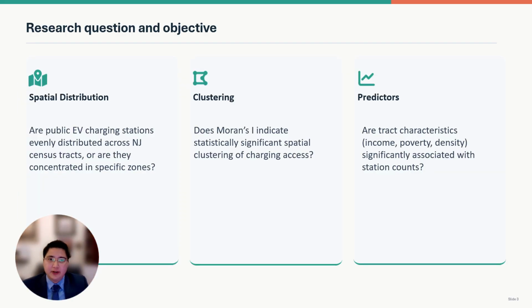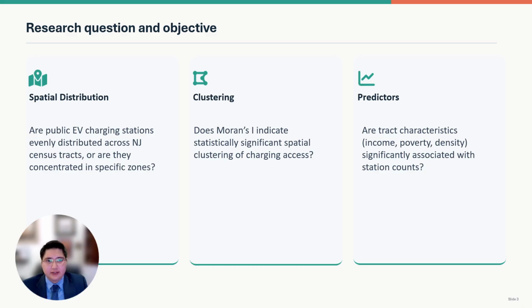The main question I ask is whether public charging stations are evenly distributed across the state's census tracts or whether they are concentrated in certain socioeconomic and geographic areas. I break this into three objectives. First, I look at the spatial distribution, for example, where the chargers are located and which places have more or less access.